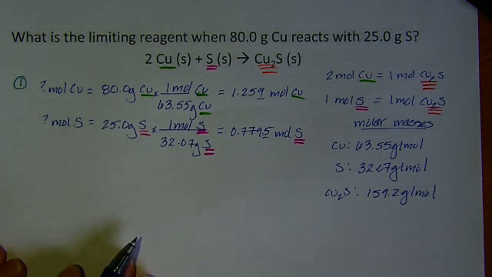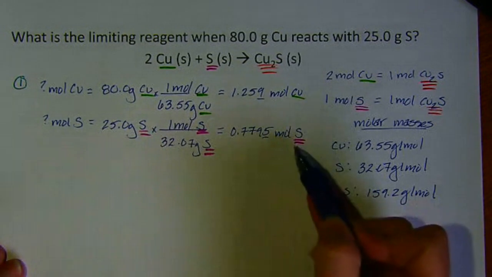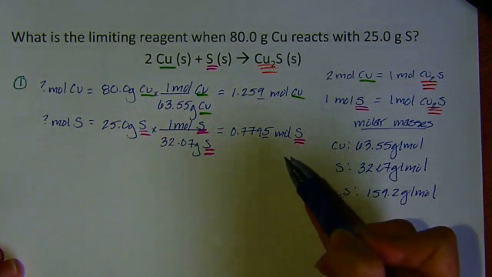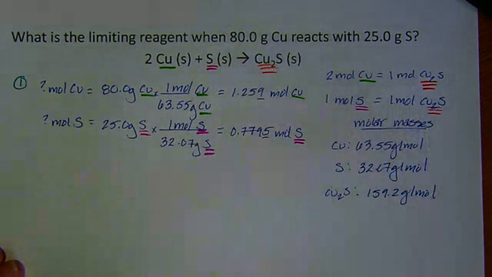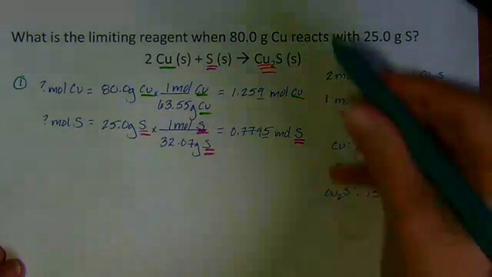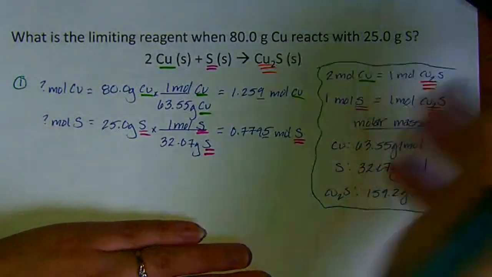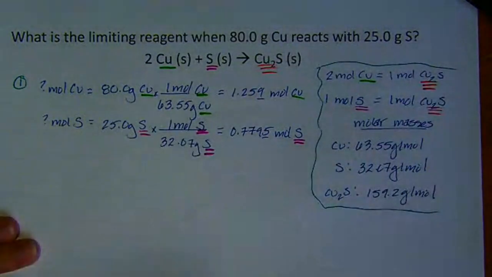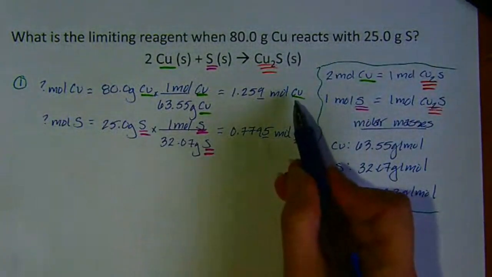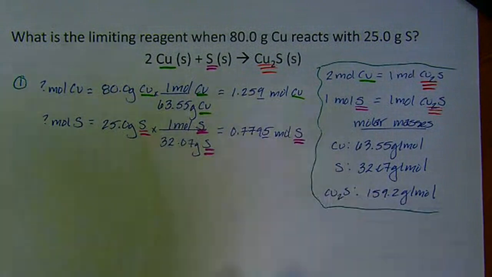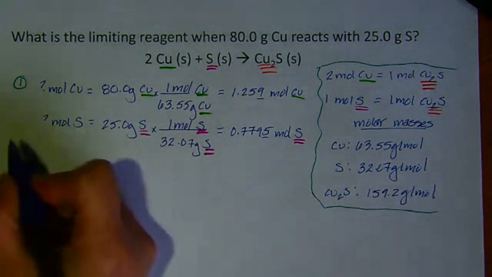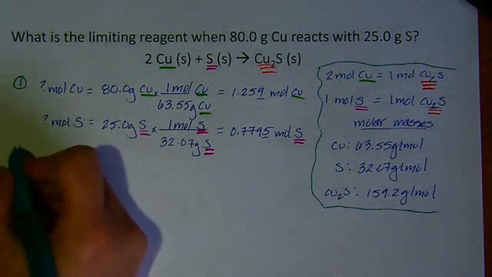Okay. So now I know how many moles of each of my reactants I have. Now I can use my mole ratios to figure out how much product I can make with each of these amounts of starting materials.